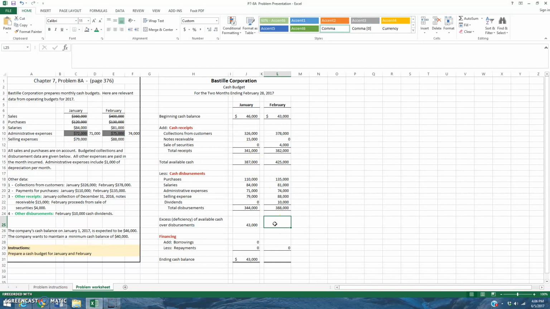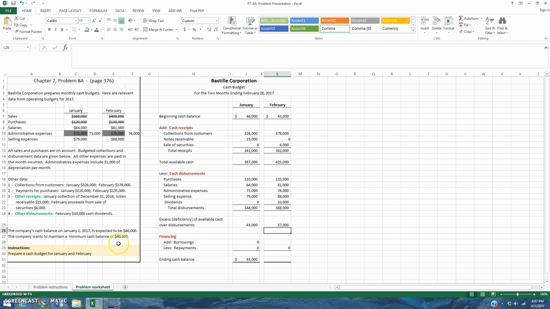We will then subtract the total disbursements for February from that amount and get an excess of available cash of $37,000. Now remember, over here it said the company wants to maintain a minimum cash balance of $40,000.